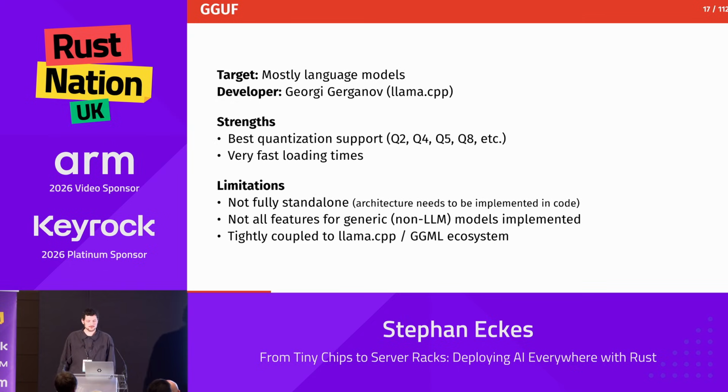It works quite well for LLMs. And it has very fast loading times. But it's also not fully standalone, so it needs to be implemented in the inference engine. Here it's likely llama.cpp or GGML. This is the open source ecosystem from Georgi Gerganov. But some other inference engines are supporting this GGUF format now.